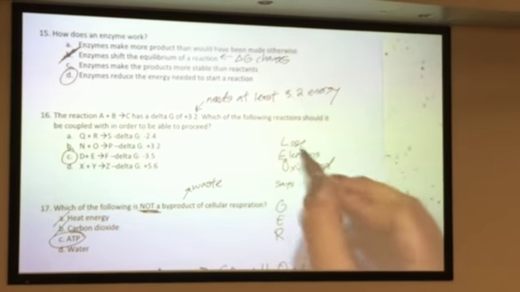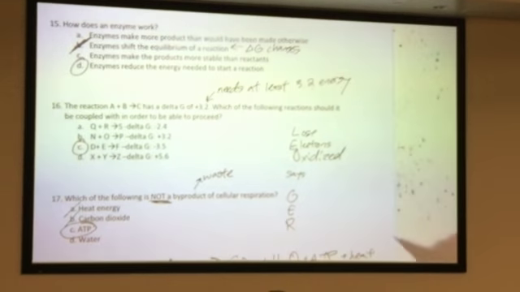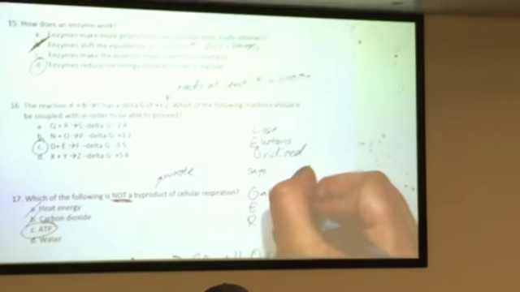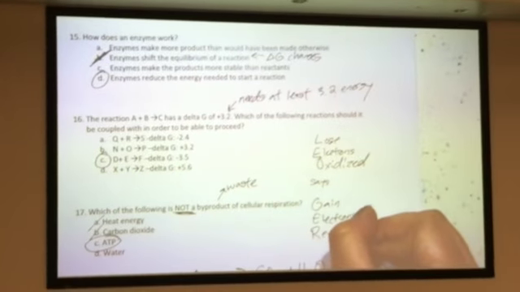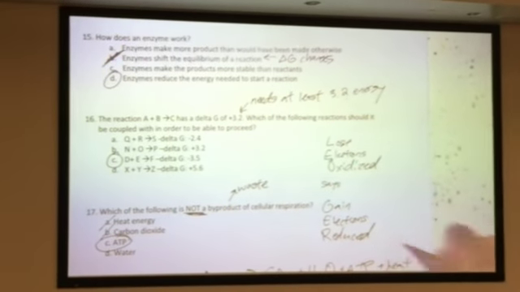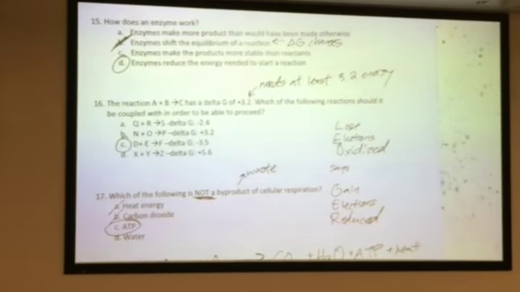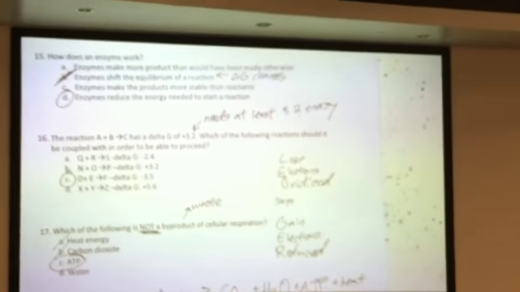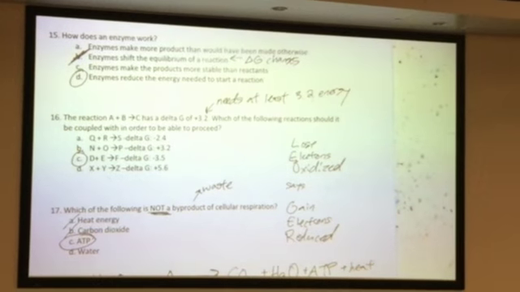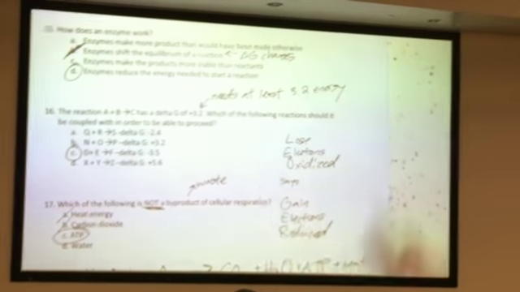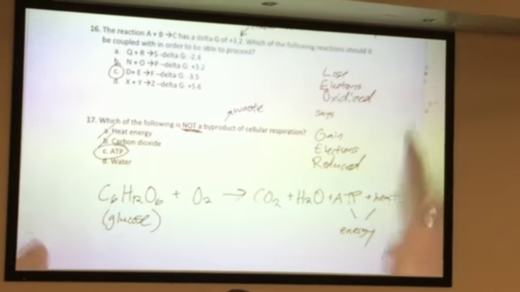Whatever lost electrons is oxidized. And if you gain electrons, you get reduced. There's a tiny mention of redox reactions in our slides. That's what this says: redox, oxidation, reduction. Someone asked what is being reduced and what is being oxidized in cellular respiration.